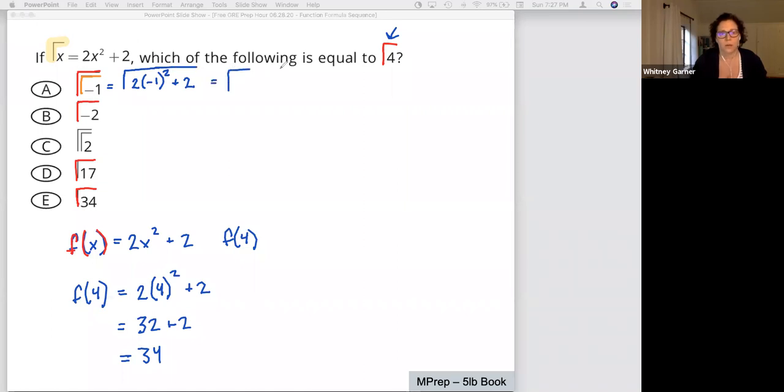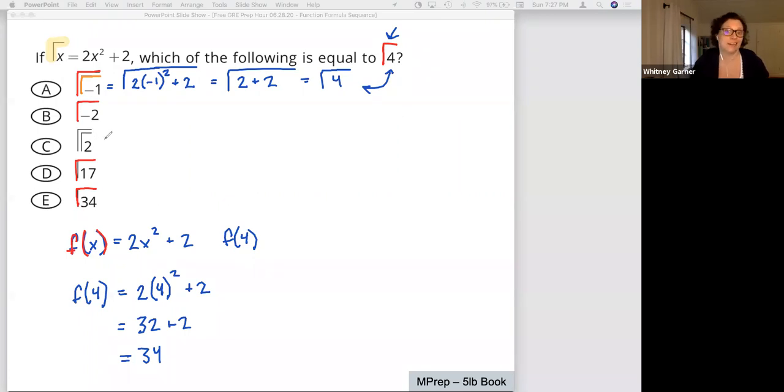Negative 1 squared is 1 times 2 is 2 plus another 2 is 4. And then I would have to find this bracket of 4, except that I don't have to find the bracket of 4 because that's actually what I'm looking for.